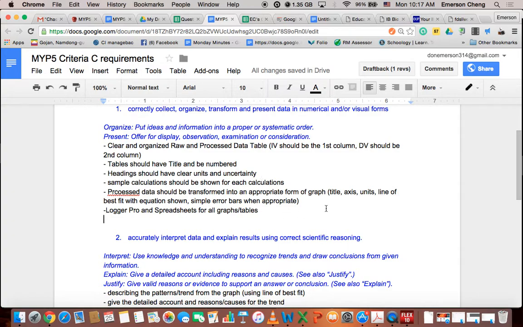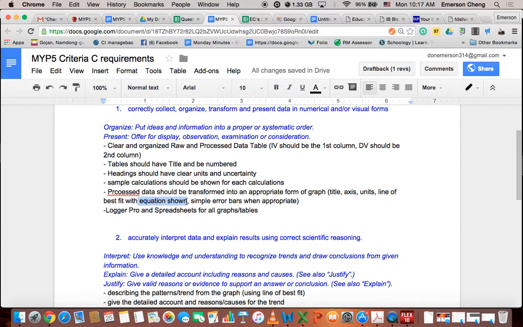Now, because for this particular criteria C summative, I want you to do it on paper and pencil. You will need to do line of best fit. You don't need to show equation.